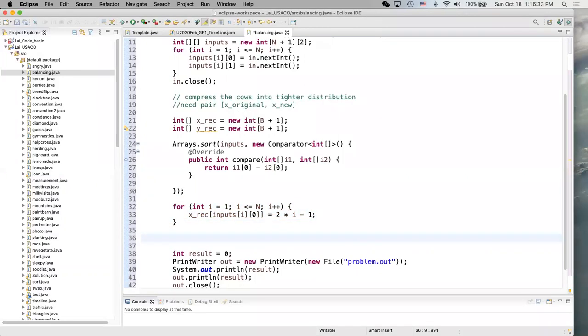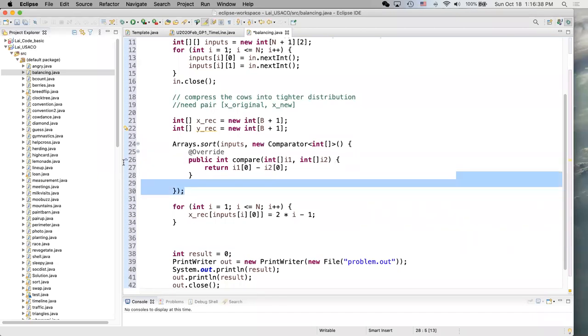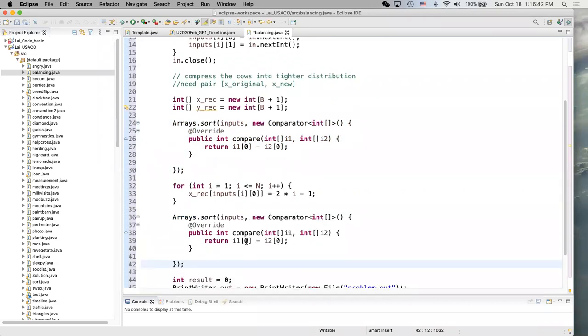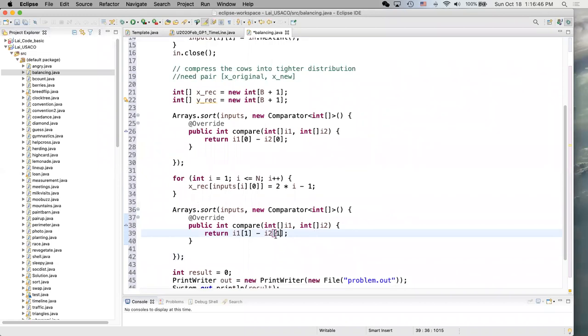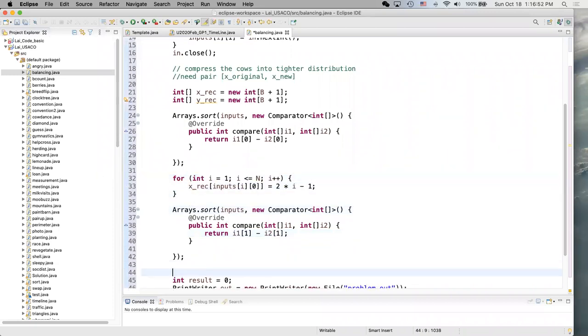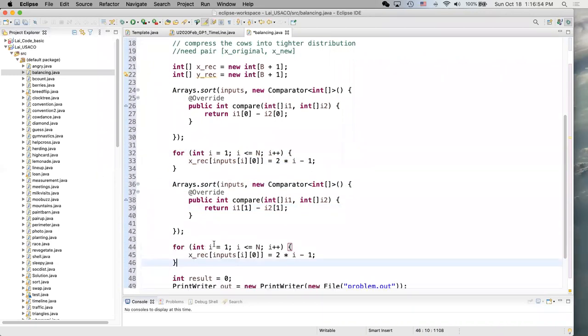So you set up the pair for the X and also the Y. For the Y, you have to sort again, right? For the Y into ascending order. So basically copy this code going down here and just change a little bit, which is 0 and 1, right? Now you sort this input based on the Y, all right? And also set up the pair. Just copy this and go down here, and then for the record, you just change this to be Y, and don't forget to change this one to be 1.